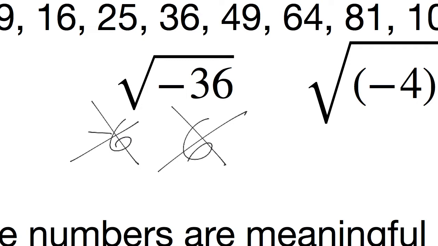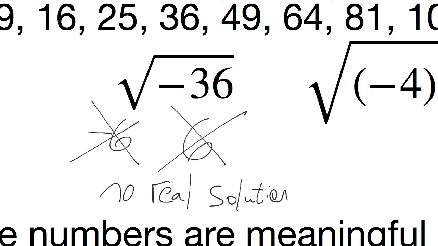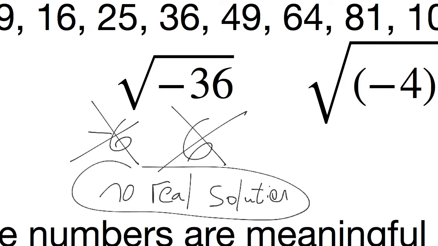A number does exist, and we'll introduce it later, but no number that we know right now, when you multiply it by itself, gives you negative 36. So you can say that there is no real number, no real solution. And that would be your response.